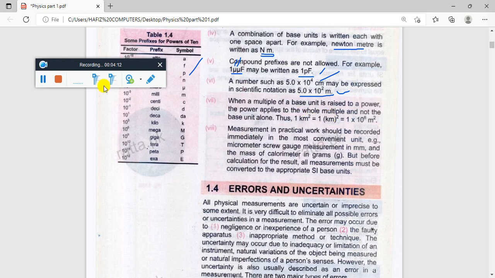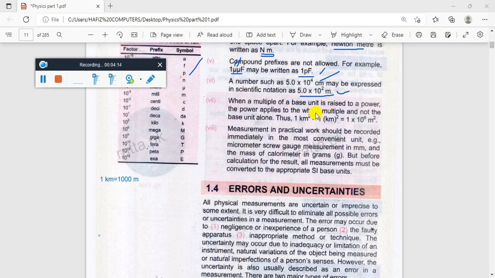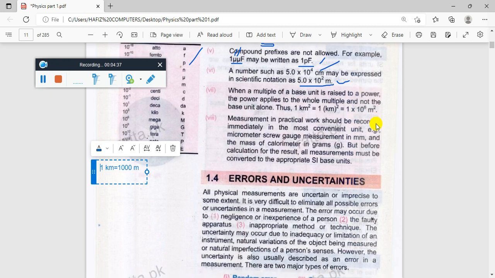For example, 1 kilometer is equal to 1000 meter. So when we put 10^3 over here, then the whole kilometer will be squared: 10^3 becomes 10^6, and similarly meter will also become meter squared.